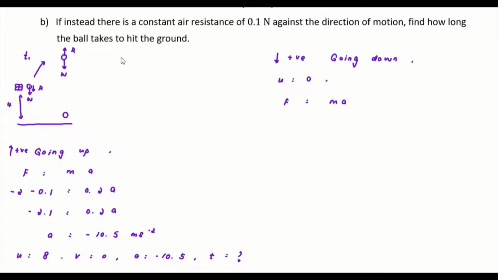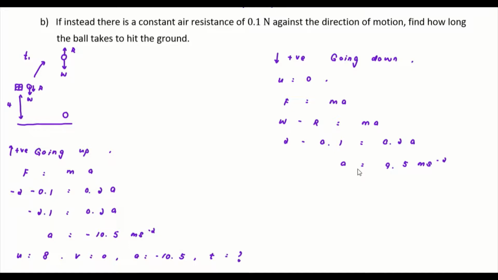Because going down is positive, W is positive and R is negative. So the weight 2 minus the air resistance 0.1 equals mass 0.2 times a. When you solve it, you get positive 9.5 meters per second squared.